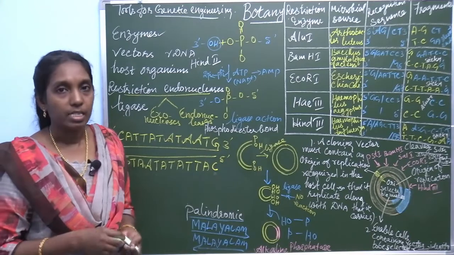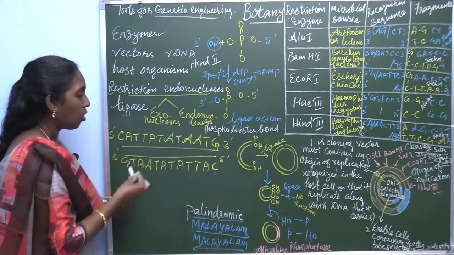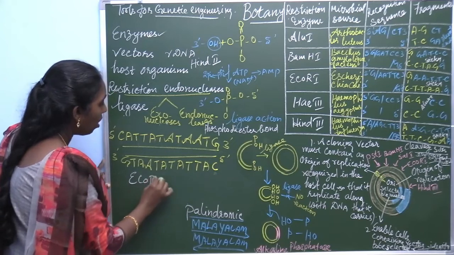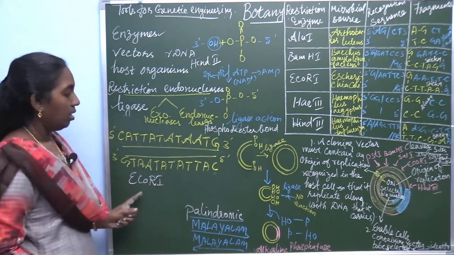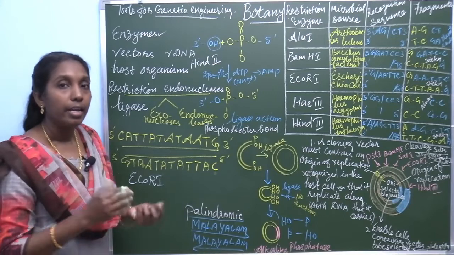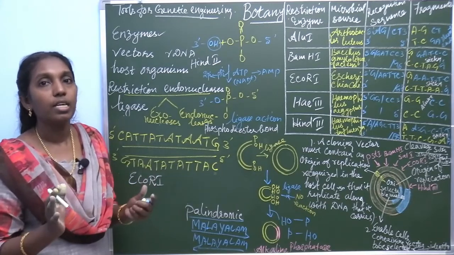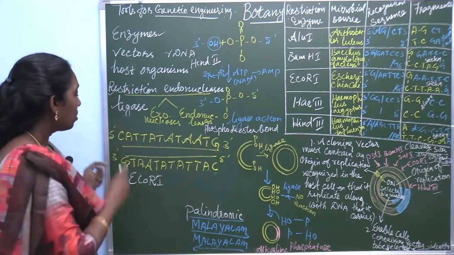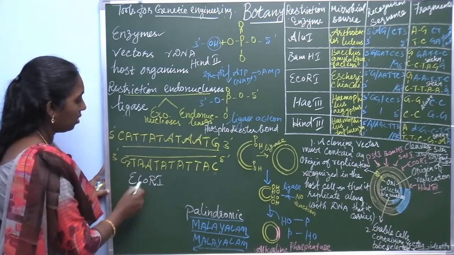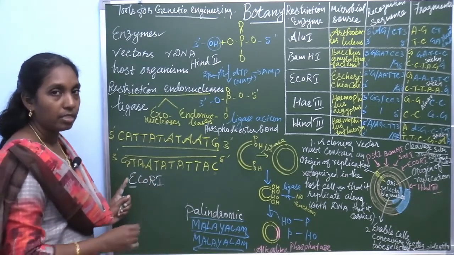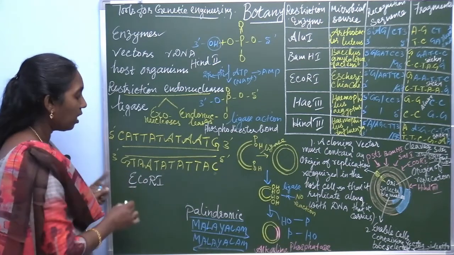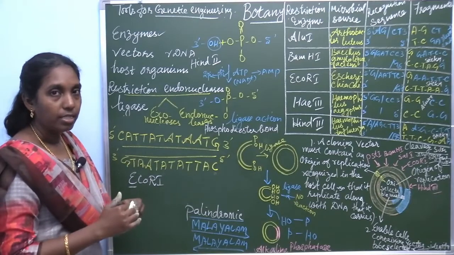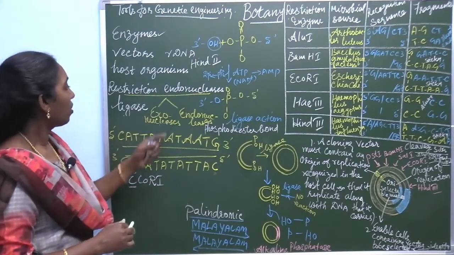For naming restriction enzymes, one of the common restriction enzymes is EcoRI, from Escherichia coli. There is a specific manner to name these. The first letter, capital E, is there because EcoRI is isolated from Escherichia coli.